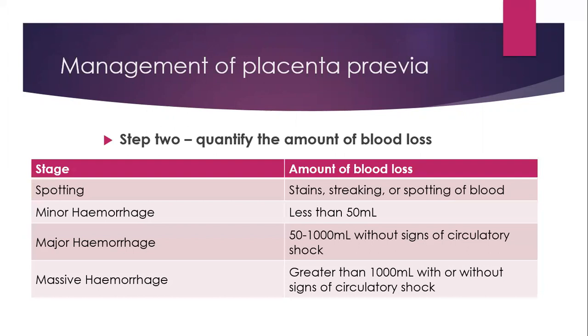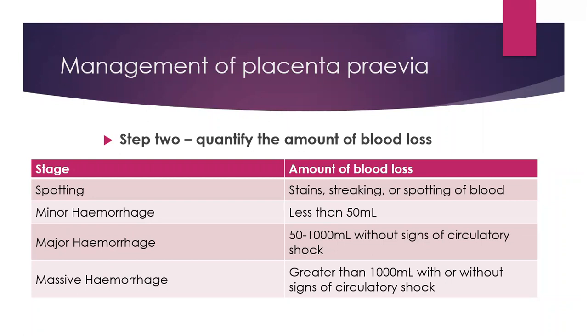Okay. So then step 2 would be to quantify the amount of blood loss. If there is any sign of hemodynamic compromise, and this can even be just a tachycardia in a patient, it is a massive hemorrhage until proven otherwise, and it's treated as a massive hemorrhage until proven otherwise. So for your massive hemorrhage, that would be bleeding more than 1 liter or any sign of circulatory shock.